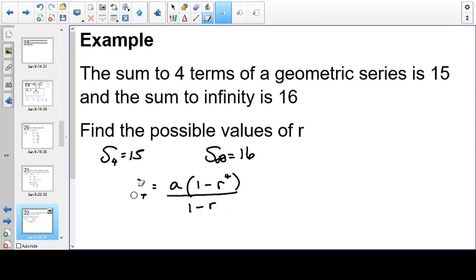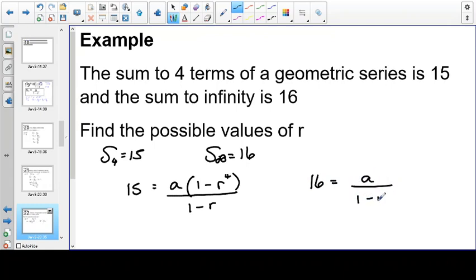So really that's all we know about that one. Sum to infinity, 16, is A over 1 minus R. Okay, so essentially we've got two equations. We've got simultaneous equations with two unknowns.